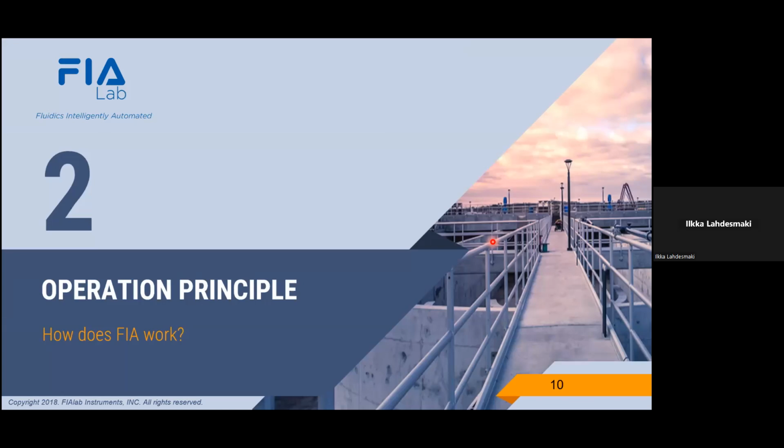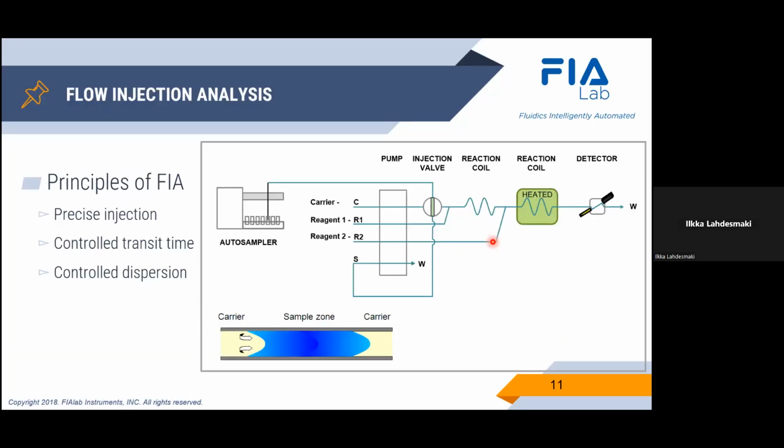Now, let's go a little deeper into the operation principles. You see a familiar schematic here that shows you the FIA instrument. And what I wanted to address in this slide are the three pillars or tenets or operation principles that the FIA operation rests on. The first one is precise injection. An FIA instrument only meters a relatively small amount of sample into the instrument.